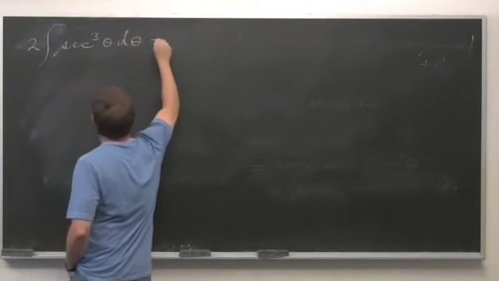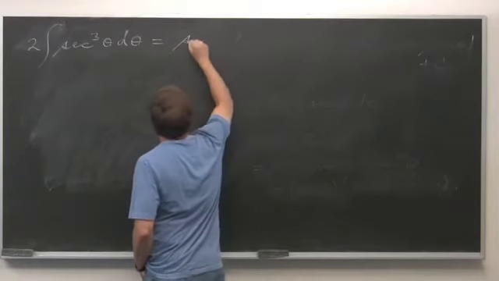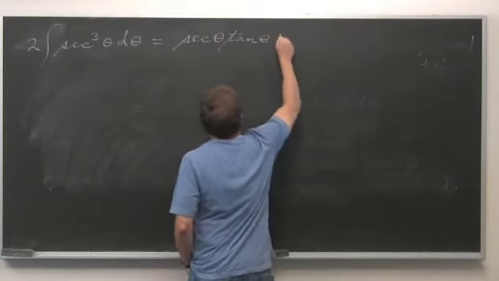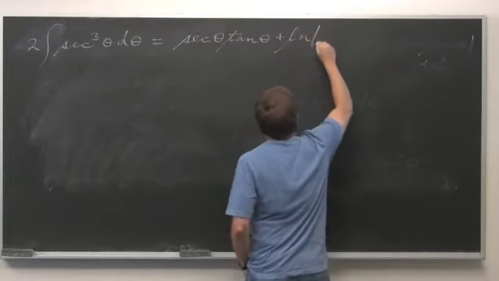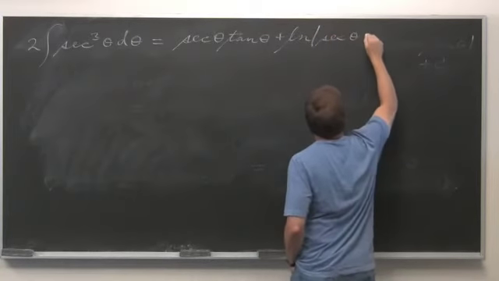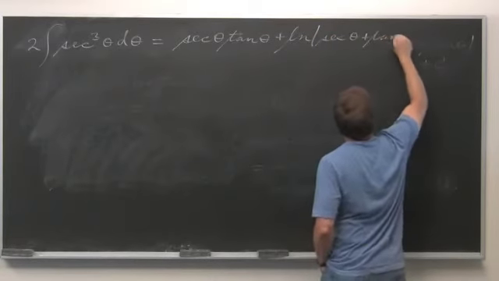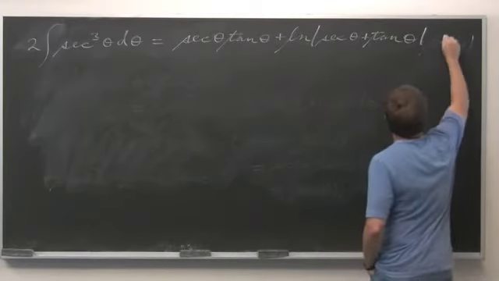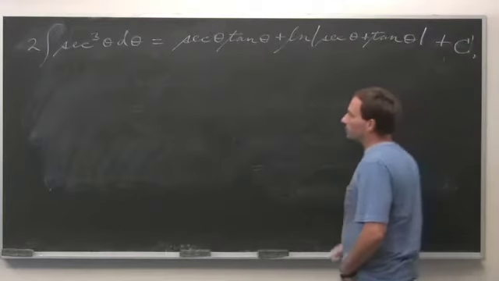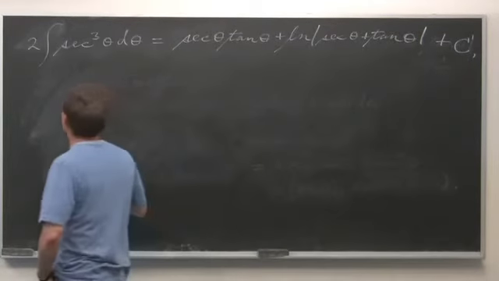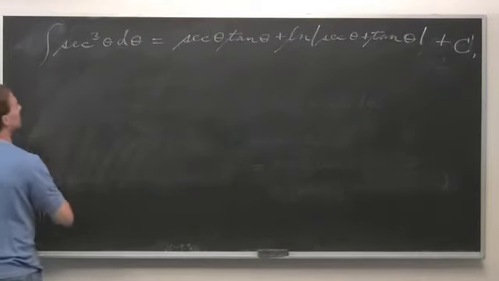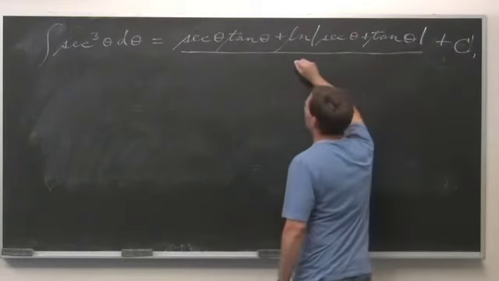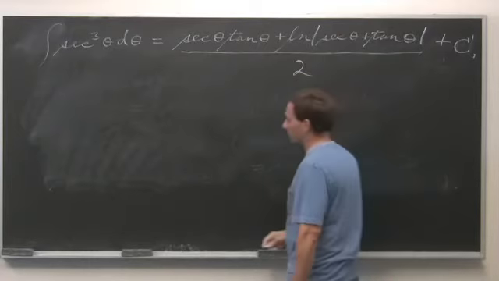I'll rearrange to write things in the order in which they normally appear: equals secant theta times tan theta plus the natural log of the absolute value of secant theta plus tan theta, plus a constant. Now you divide by 2, and just call c over 2 c again, since it has no meaning for us, really. And that's what you get.